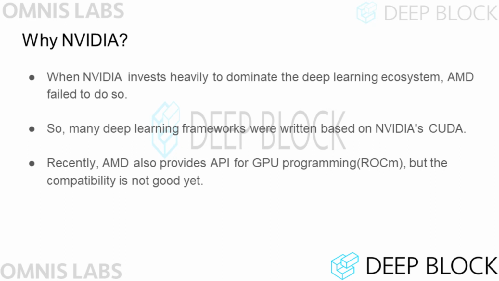This library is only supported on NVIDIA GPU devices, and with the development of deep learning technology, it has become the most popular GPU programming library used by AI researchers. AMD has recently released ROCm, a GPU programming library similar to CUDA, as open source, but there aren't many users yet.